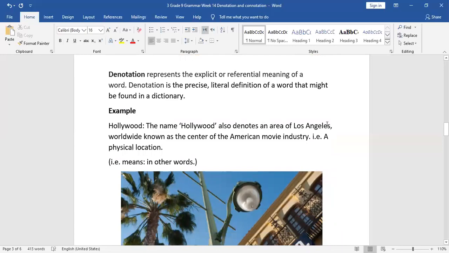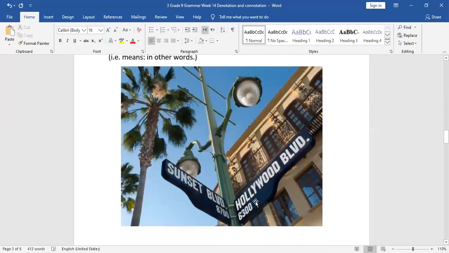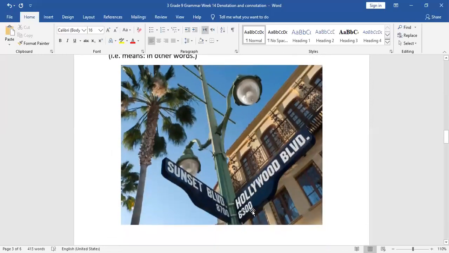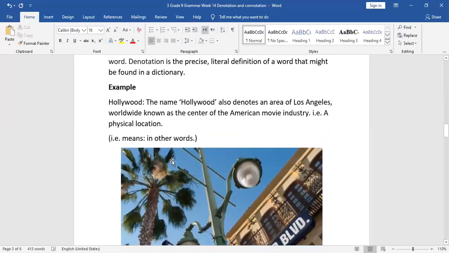Hollywood denotes a specific area in Los Angeles. If you look here, Hollywood Boulevard and Sunset Boulevard, Hollywood is an actual place. It's a place in Los Angeles that is very well known as the center of the American movie industry. It is a physical location.